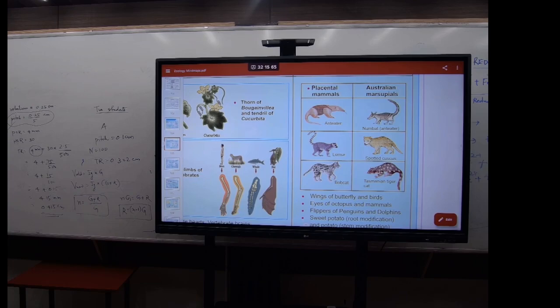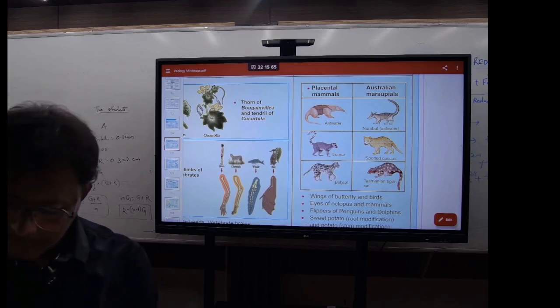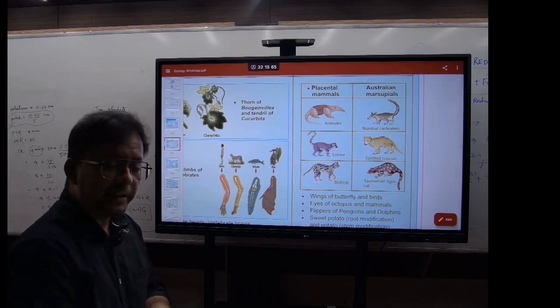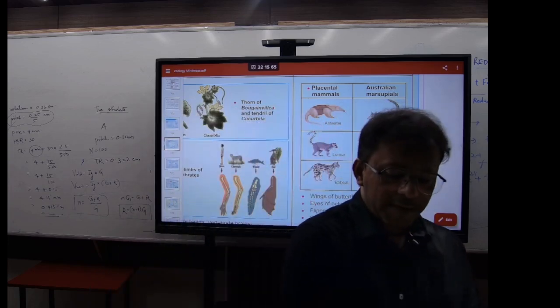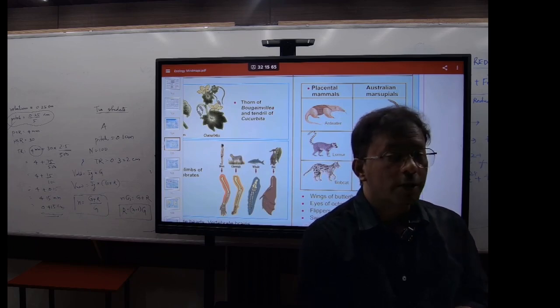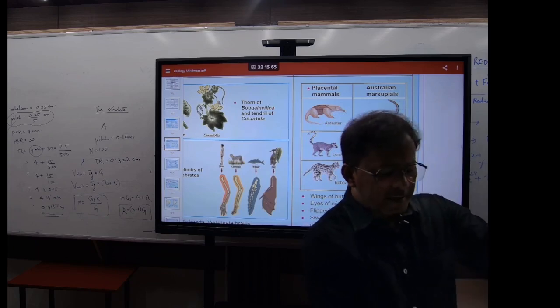Look at the sentence here. Adaptive radiation. The process of evolution of different species in a given geographical area, starting from a point and literally radiating to other areas of geography, is called adaptive radiation. So look at this diagram here, guys.